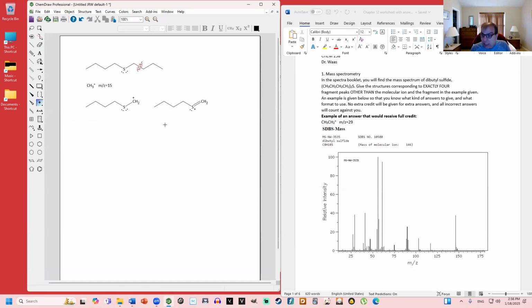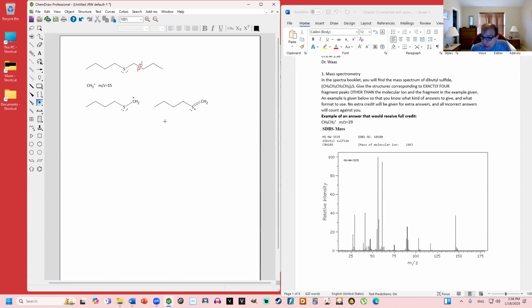They're both equally correct. Now, active seems to prefer the resonance form that has the double bond between the carbon and the heteroatom. I don't care. The rules for drawing a resonance-stabilized species are you pick whichever one of the resonance forms you want. They're all equally correct, equally safe, equally good.